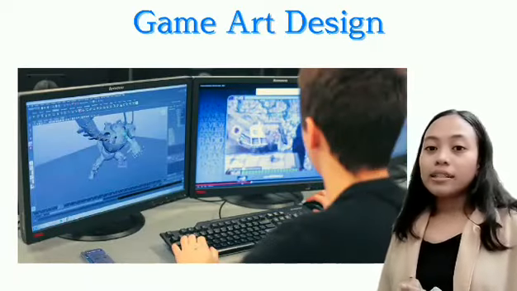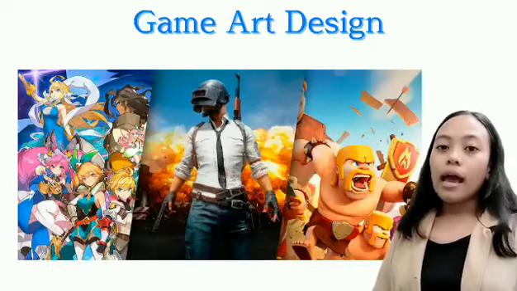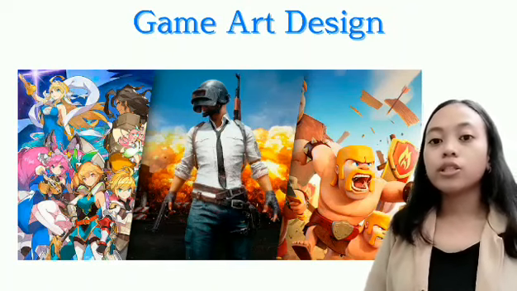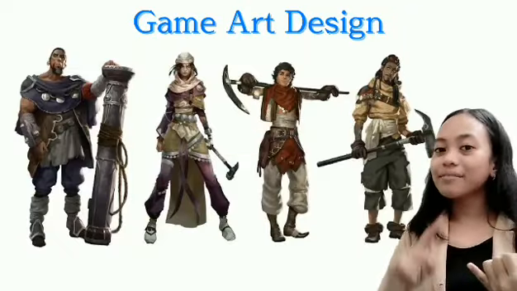Next is game art design. This is the visual and design elements of video games that includes the character design, landscapes, design settings, etc. An example of an early video game is Pong, which had a very simple visual.